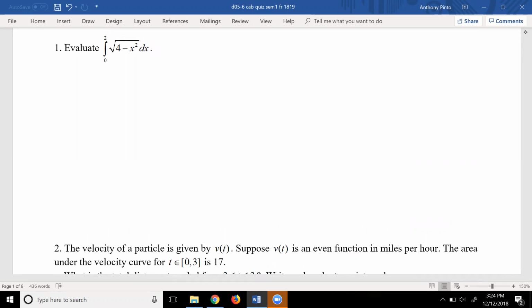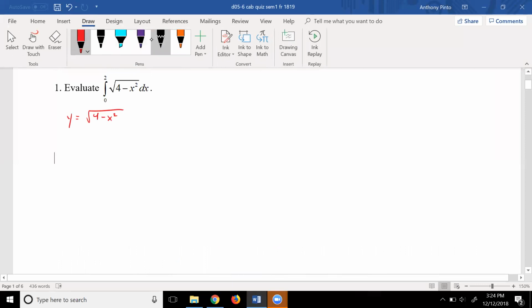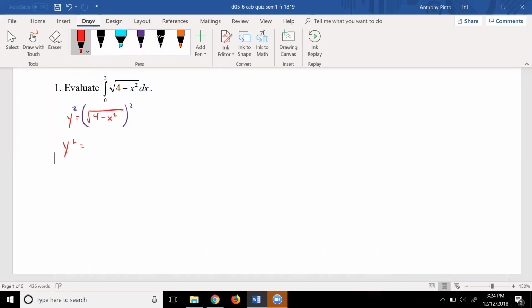The key here is to recognize that if we say y is equal to the square root of 4 minus x squared, and then square both sides, we end up getting y squared equals 4 minus x squared, which looks, maybe you can tell by now what this is, but in case you can't, we're going to add x squared to both sides.